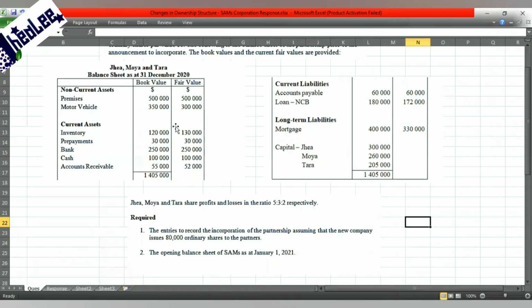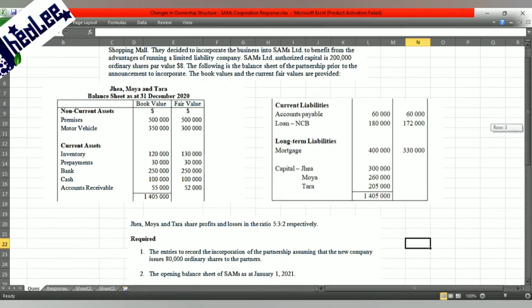So you're presented with the book value and the fair value of the business, and remember they are incorporating. Once you have the book value and the fair value, you're going to compare those two, and the fair value may be the same as the book value, or it may increase or decrease.